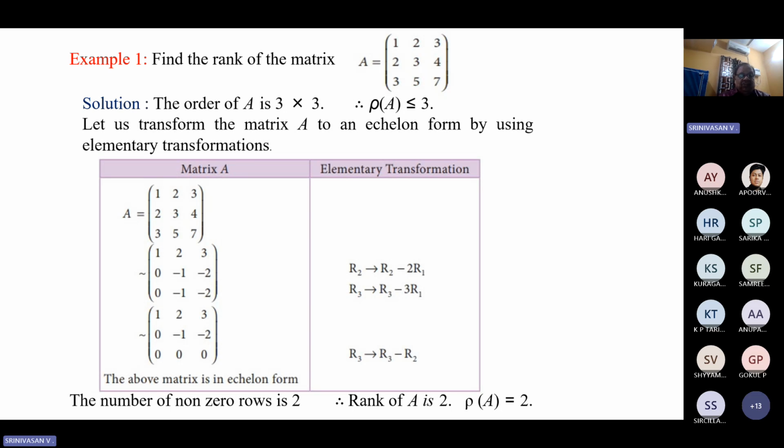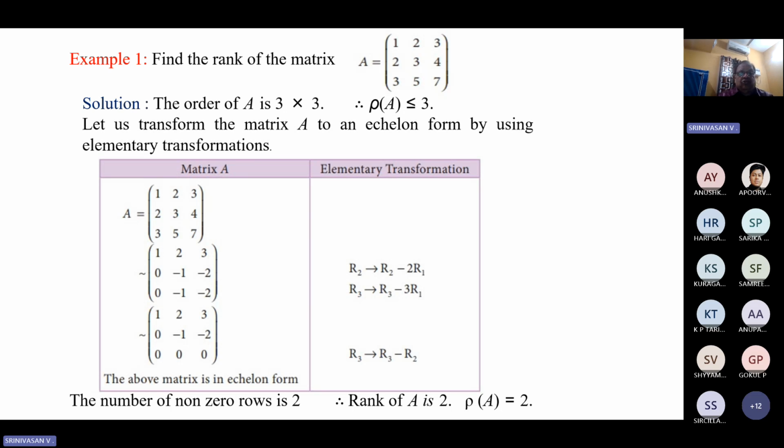You only check the first elements, and this should become 0: 2 minus 2 into 1, that is, second row element minus 2 times first row element. You do this uniformly to all elements of the second row, in such a manner that it becomes 0, not any way that we like.